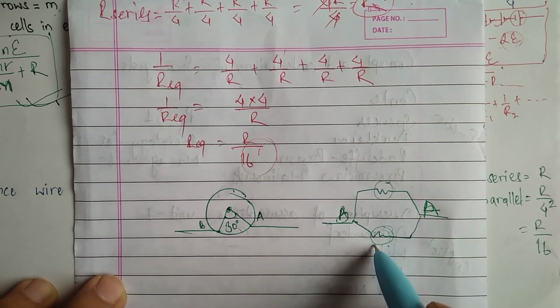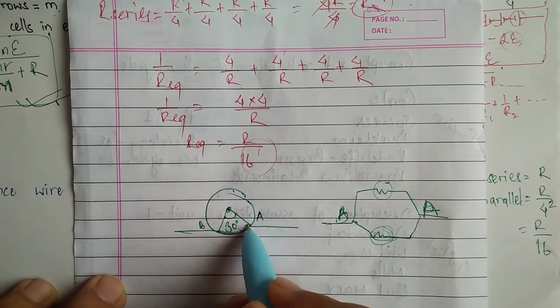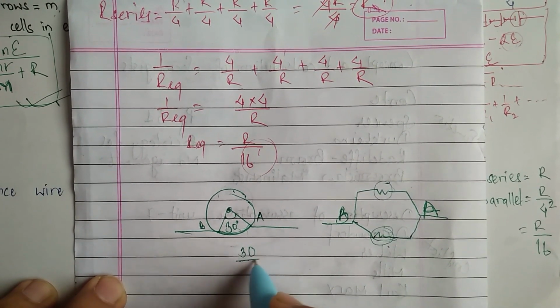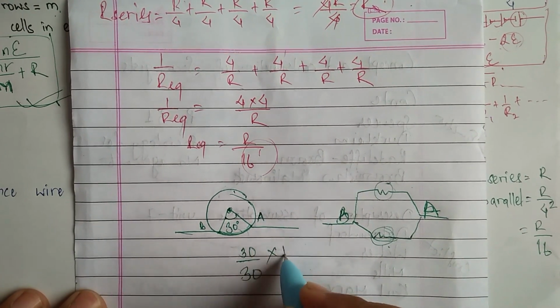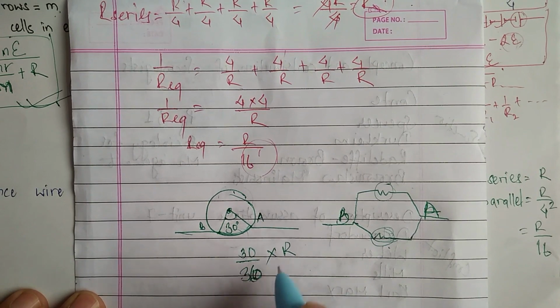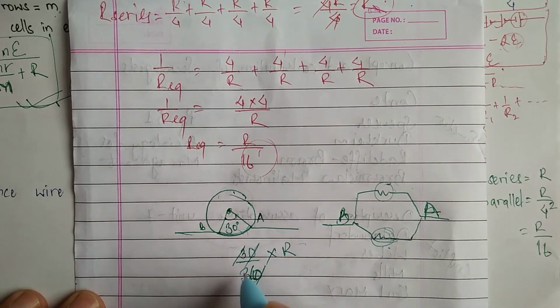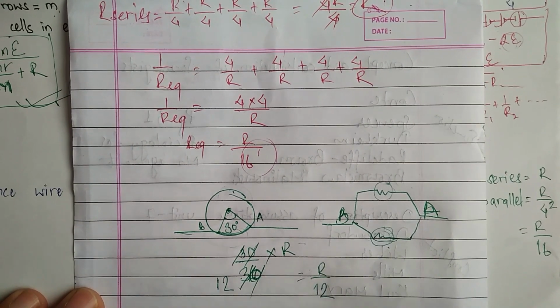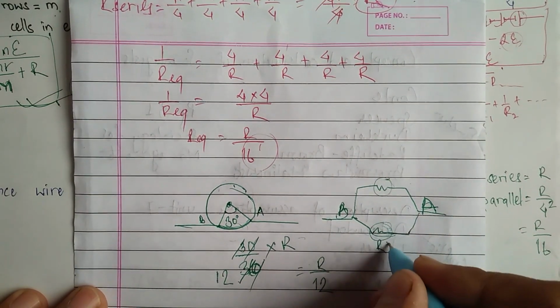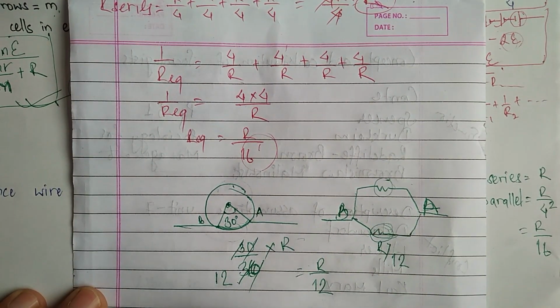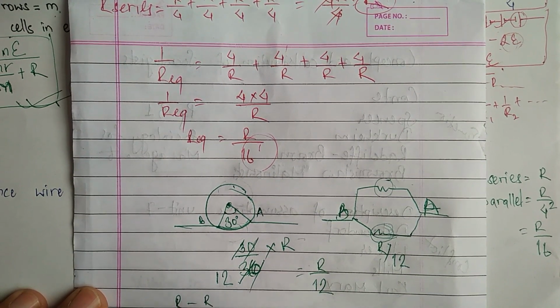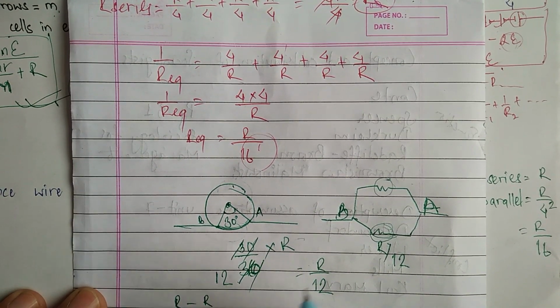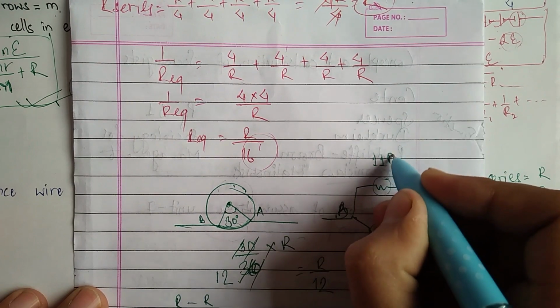First we have to find this portion's resistance: 30 by 360 into total resistance, which is R by 12. The lower portion is R by 12 and the upper portion will be R minus R by 12, so it will be 11R by 12.